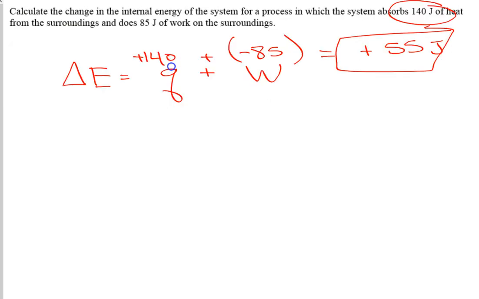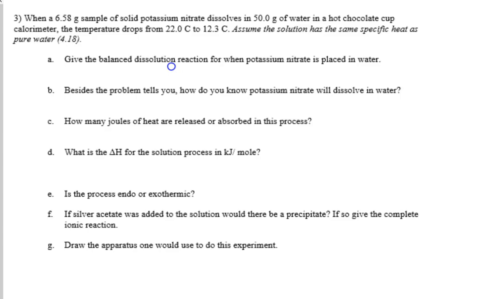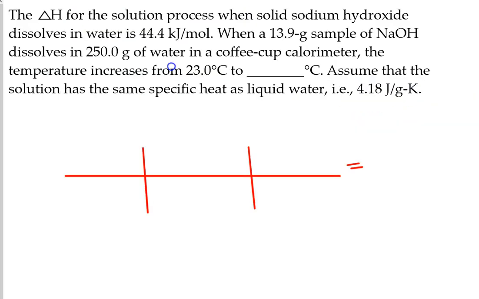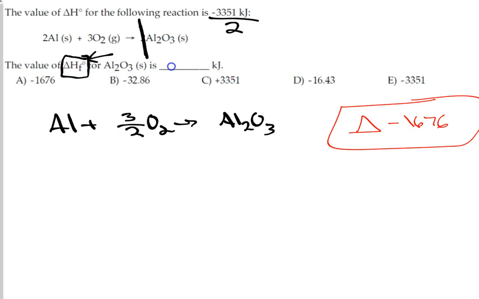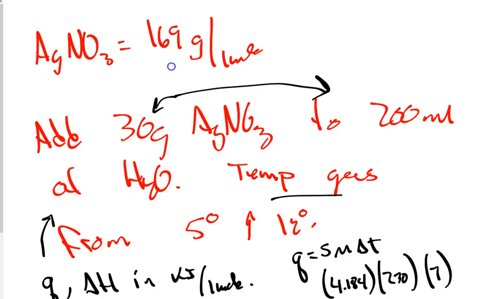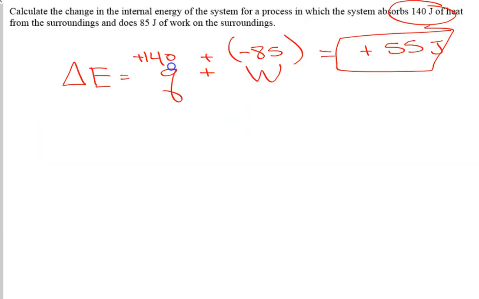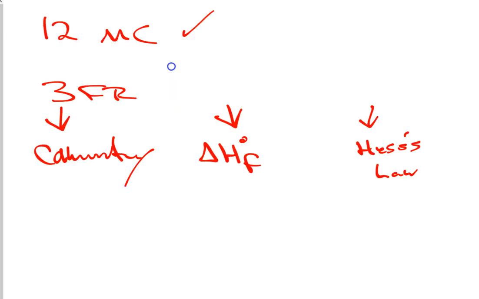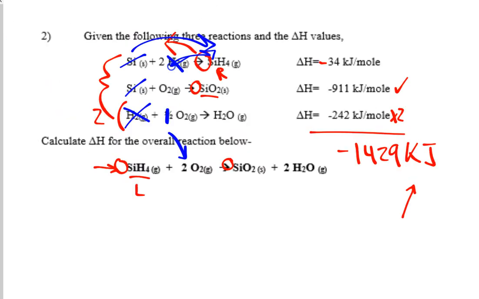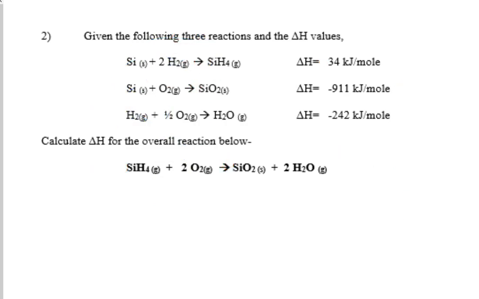Now, this question on the test has more parts to it. Do I even have this one? No, I don't. But I will just tell you right now, for this question on the test, it will ask you the following things. It will ask you for what we just did.